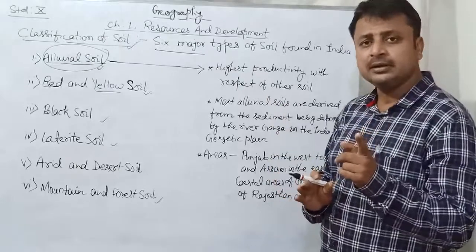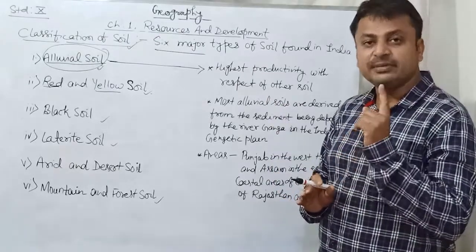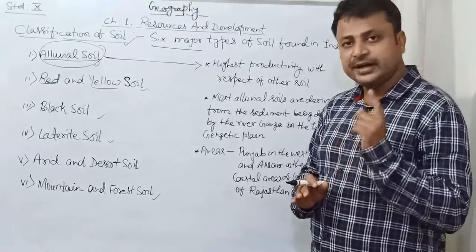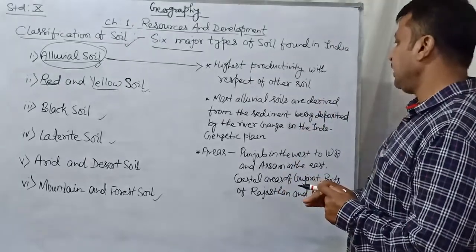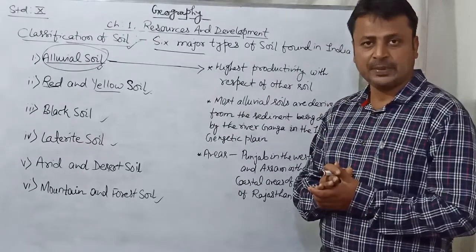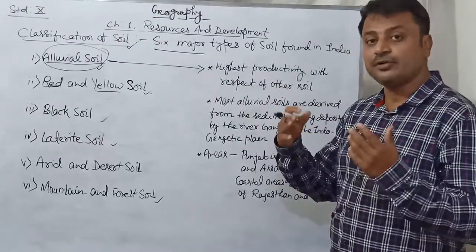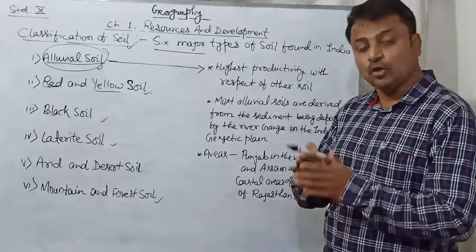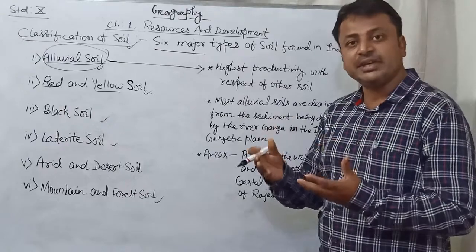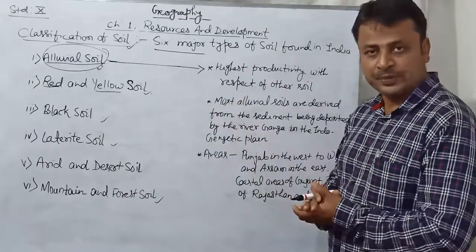It is found in river basins. Especially it is found in the Ganga Brahmaputra basin region. Even the Punjab plain is also a fertile plain, and over there the tributaries of river Indus play an important role.